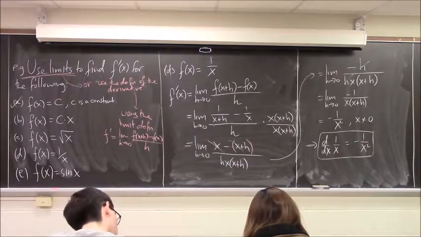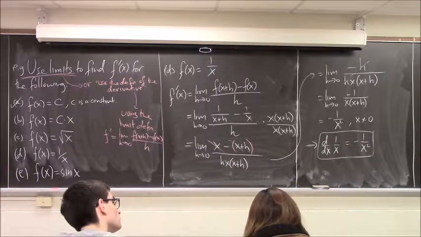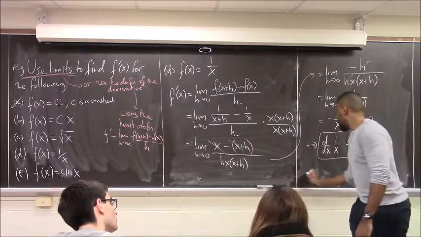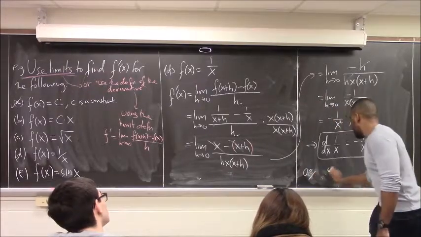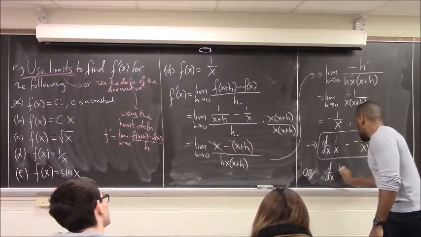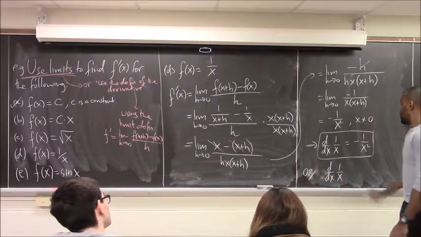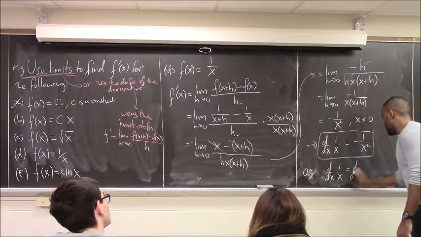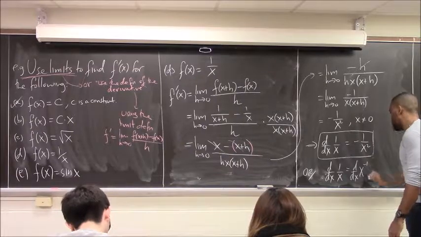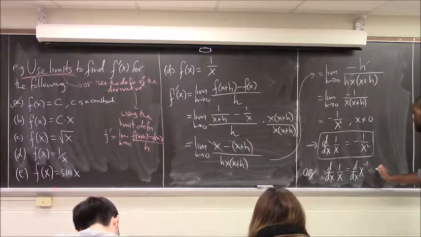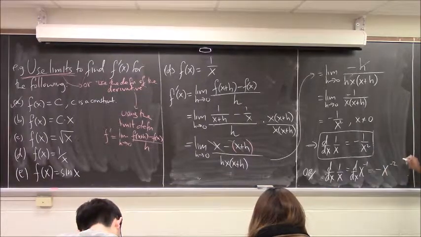Something worth memorizing, that function shows up often enough. Or, of course, you could write it in terms of powers: d dx of 1 over x, which you can think of as d dx of x to the minus 1. That's just going to give you minus x to the minus 2.